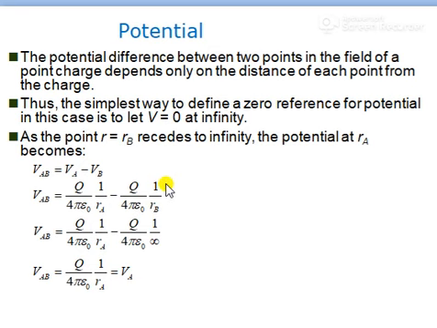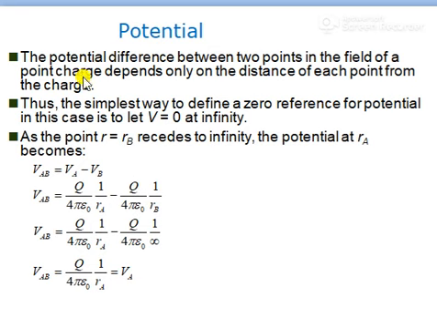This is the most widely used reference point to develop the concept of absolute potential. The potential at infinity is treated as 0, and the potentials at various points in the field are defined with reference to infinity.